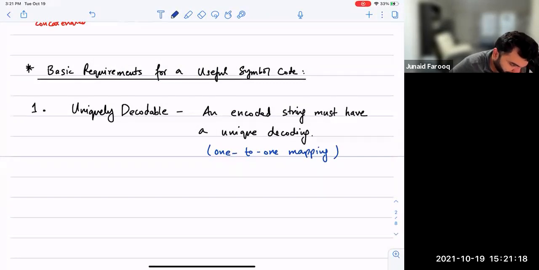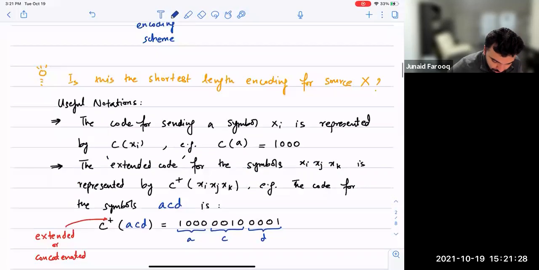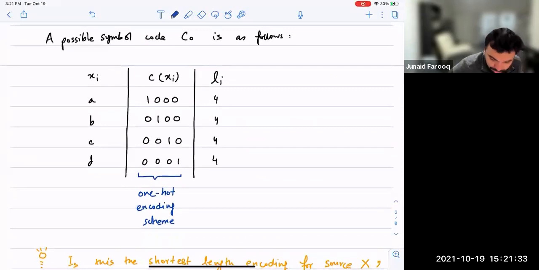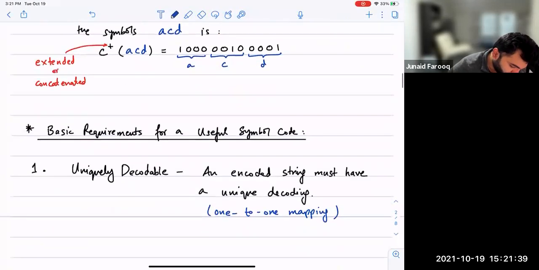It's a little hard to check when it comes to actual implementation, because when you have a table, you don't have this mapping for all the possible strings, so you don't know whether it's unique in terms of decodability or not.